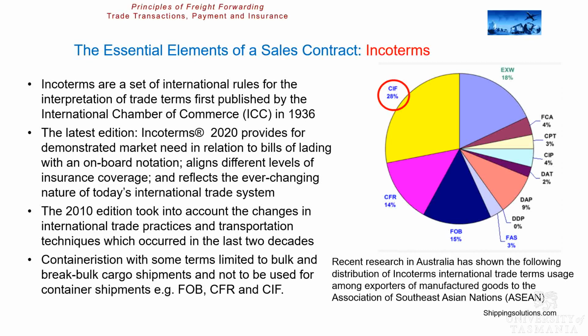So almost 30% or a third of transactions that are recorded around manufactured goods in the Asian region are carriage, insurance and freight. 14% are carriage and freight. Free on board is 15%, and ex-works is 18%.